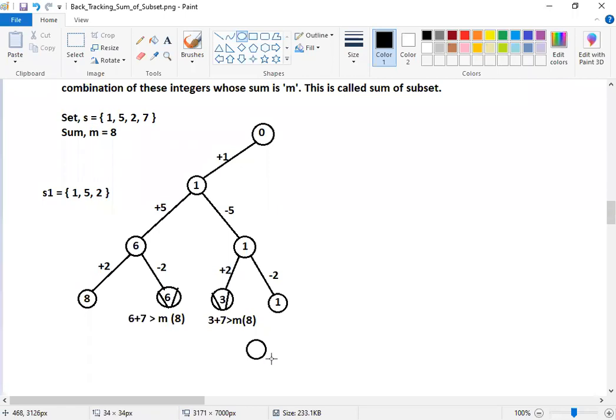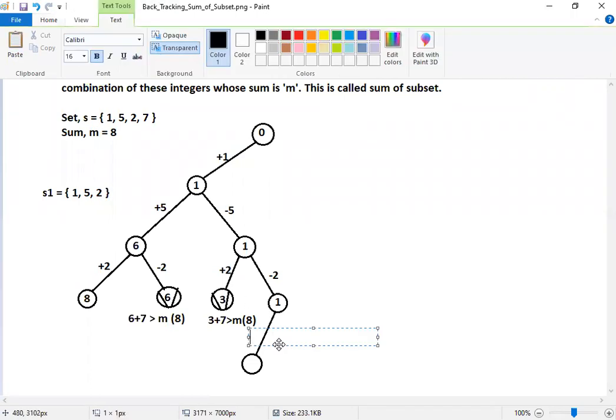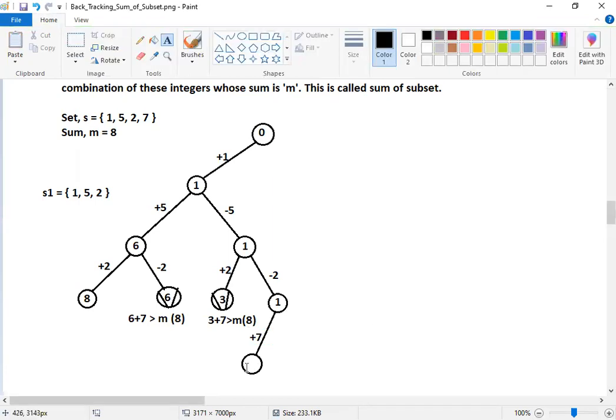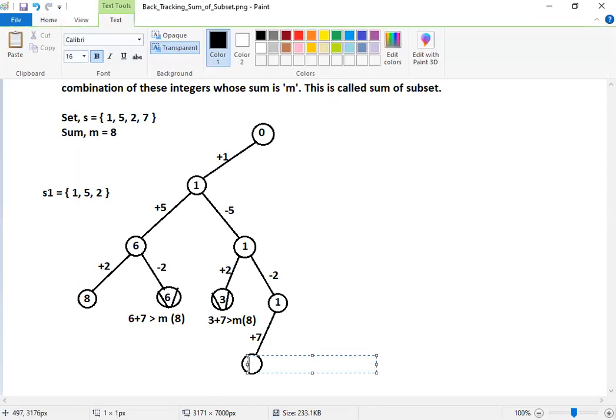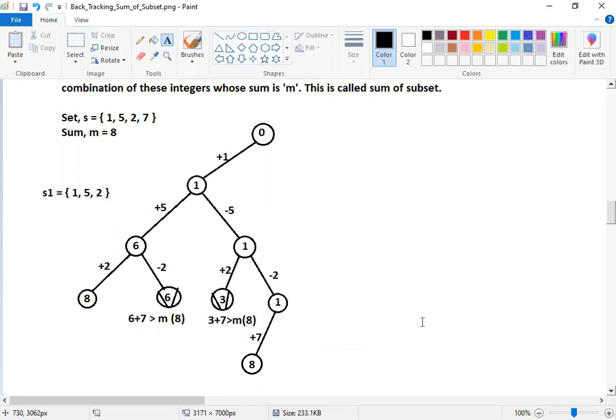Now, I'm drawing a left child. If I consider it, then I need to do the plus number with that one. So I get the edge value as plus 7. Then the total sum is going to be 8 here. Now, will I get a proper solution if I go in this particular order?